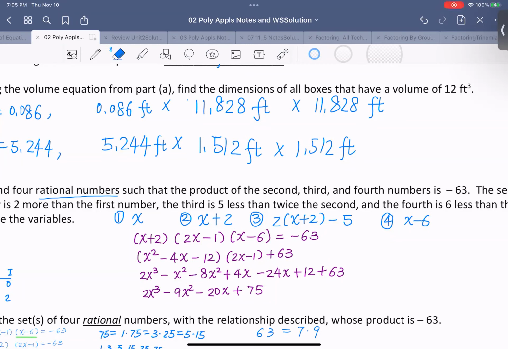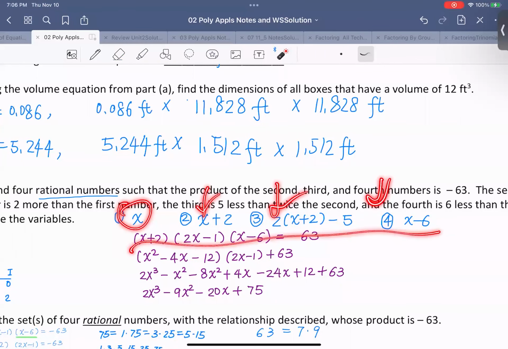As your last step, you should list all the phone numbers. You get the x value correct, and for each of the x values that you got, you will list the corresponding phone numbers. You plug each x value into each of the expressions, so you have the phone numbers ready.